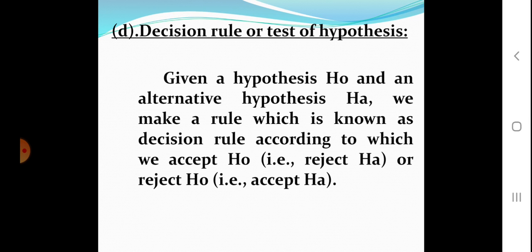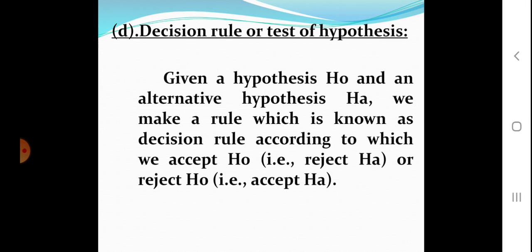Given a null hypothesis, H0, and an alternative hypothesis, HA, we make a rule known as the decision rule, according to which we accept H0 or reject H0. If we accept H0, automatically the alternative hypothesis is rejected.